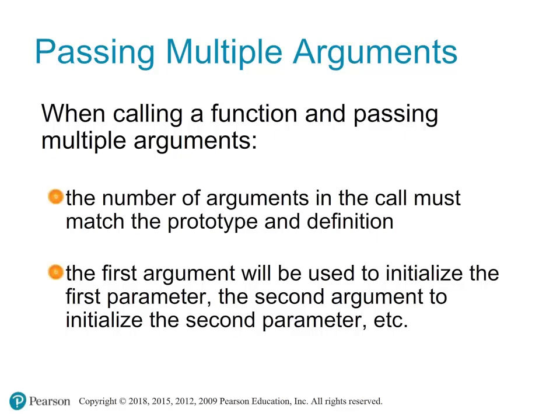So you ensure that the number of arguments in the function call matches the number of parameters in the function prototype and the definition. Arguments are used to initialize parameters in the order they appear in the function call.